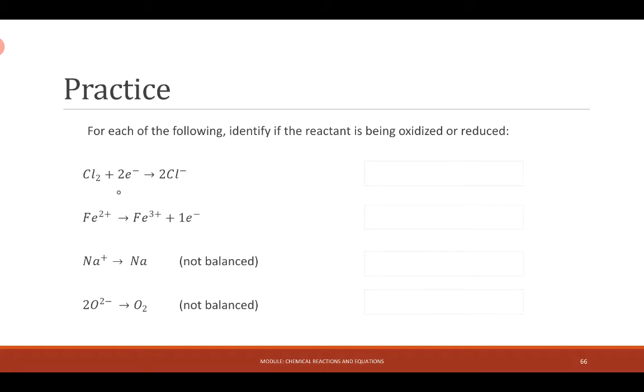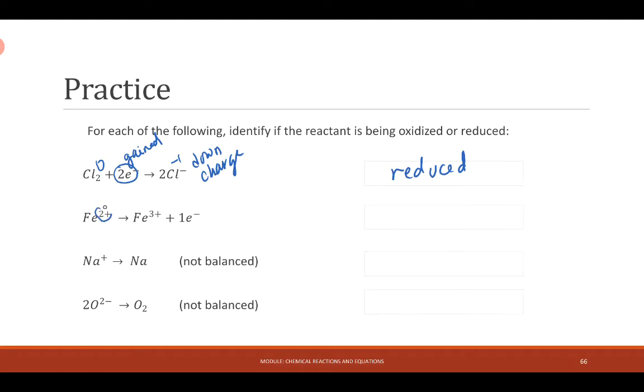All right, let's go over this. So Cl2 and Cl 1 minus, we can see that this is being gained because it's on the reactant side. We can also look at the charge and see it's going down from a 0 to -1. And so those are two clues that it's being reduced.